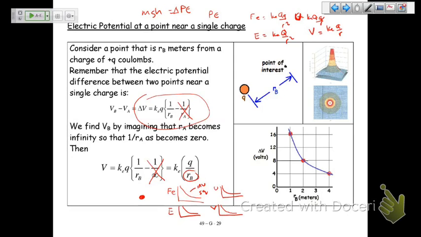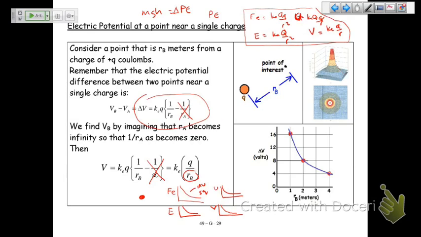Isn't that kind of giving me the pattern? Force is inverse square, and it's Q1 and Q2. Electric field is inverse square, but it's just Q, because it doesn't depend upon the little charge.